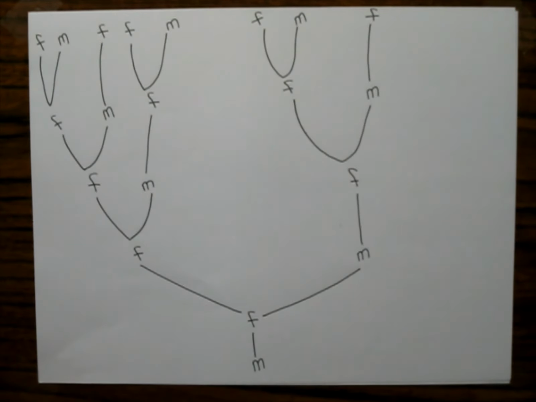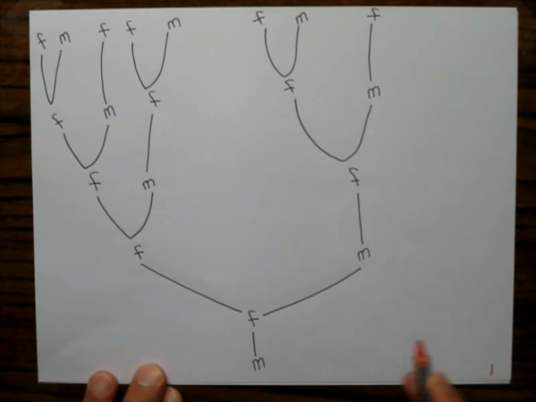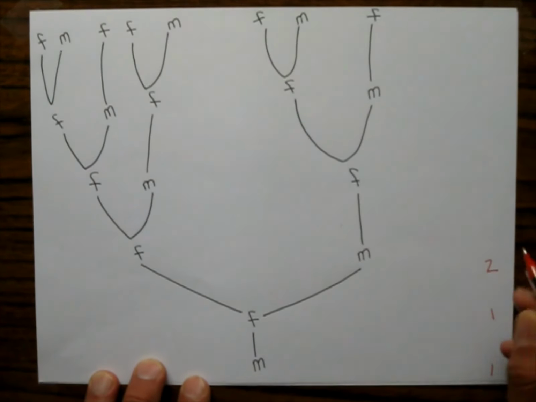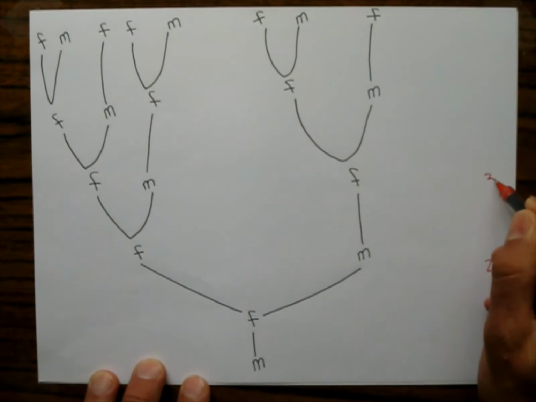Well, take a look at what we have here. The Fibonacci numbers are screaming out at you here, because in this first generation, this first level, there's 1. In the next generation up, there's 1. And then in this generation, grandparents, there are 2. Great-grandparents, there are 3 on that level.